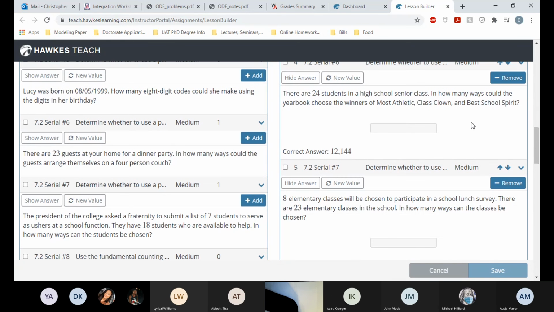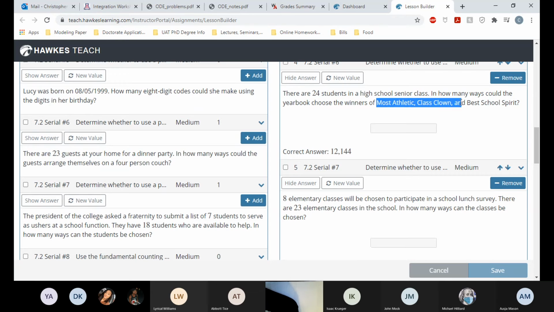Okay, now word problems. There are 24 students in a high school senior class. In how many ways could the yearbook choose the winners of most athletic, class clown, and best school spirit? All right, so we're choosing 3 from a group of 24, but are the positions ranked or not? You would think about it for a second and then say, oh, they are ranked or ordered, right?